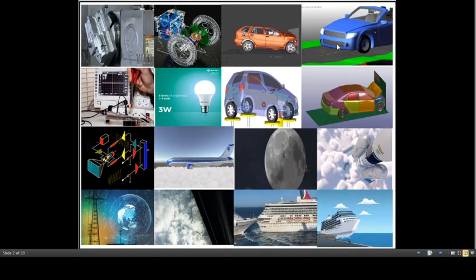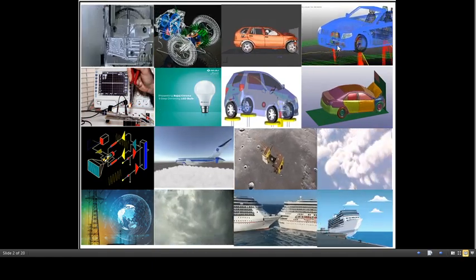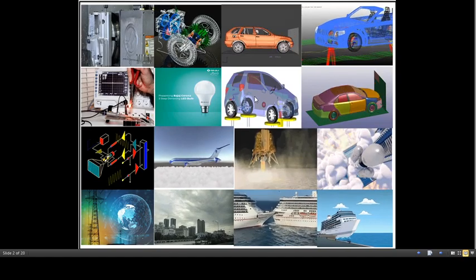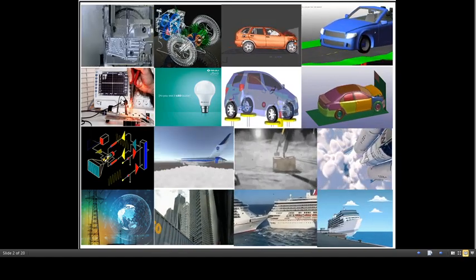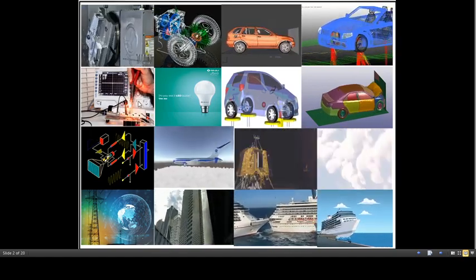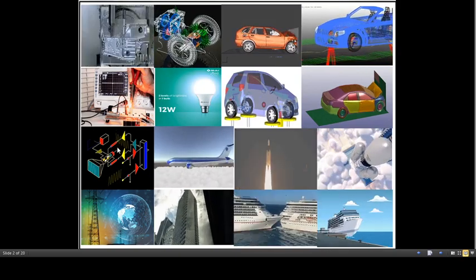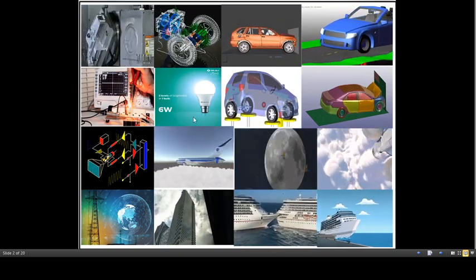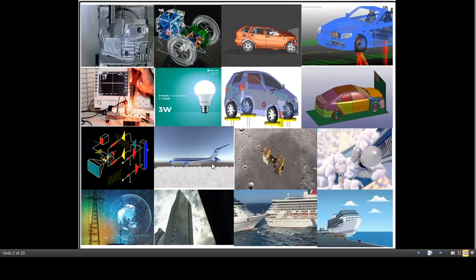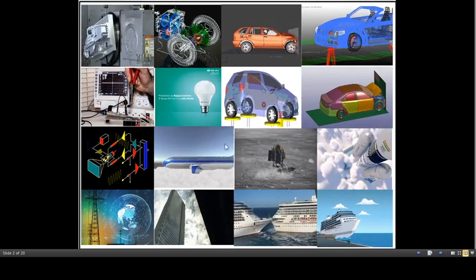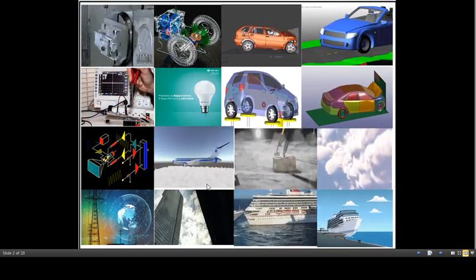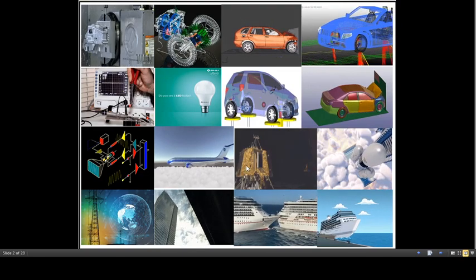Dynamic analysis by using various software is in front of you. This is about the simulated models of electronic devices and electrical devices. What's about this one? A very interesting part. This is aerospace engineering.